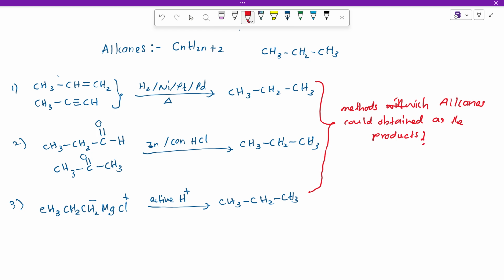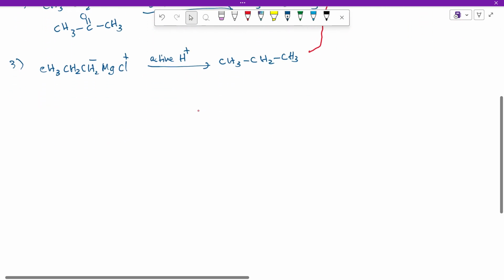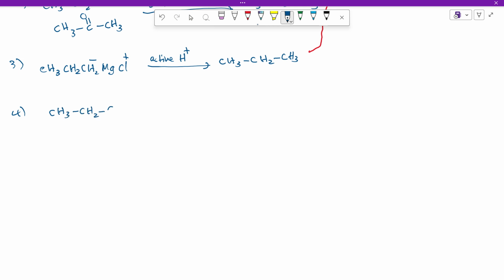Next, we'll move on to how an alkane may act as a reactant and give specific other products once reagents are added. Number 4: once oxygen is added to an alkane, now the reactant is the alkane.